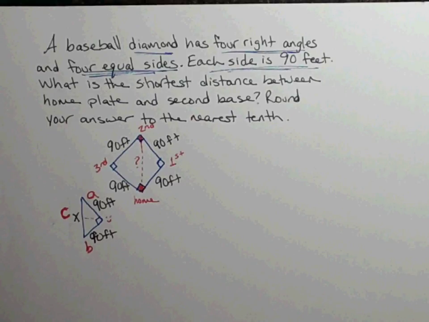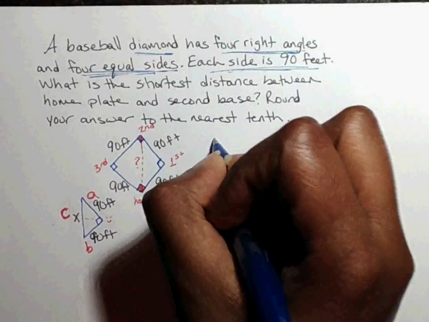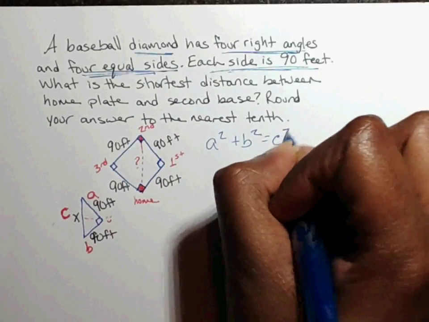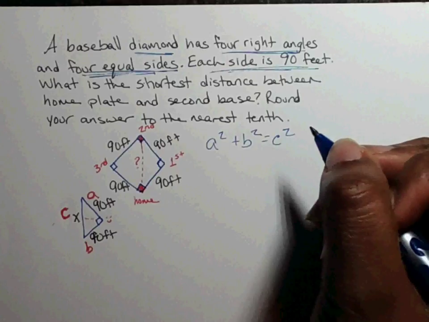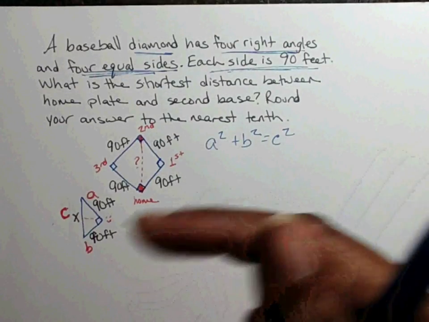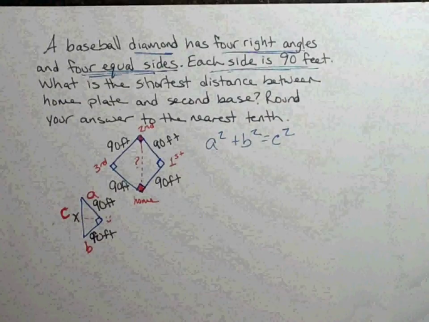Pythagorean theorem is a squared plus b squared equals c squared. So now that I have a squared plus b squared equals c squared, I can substitute in what I know.